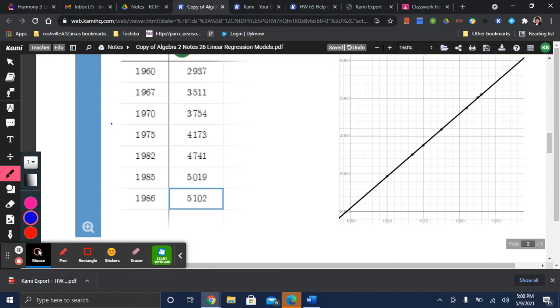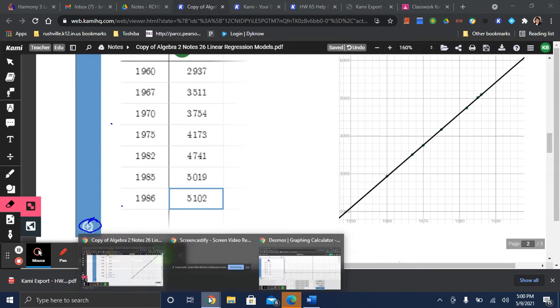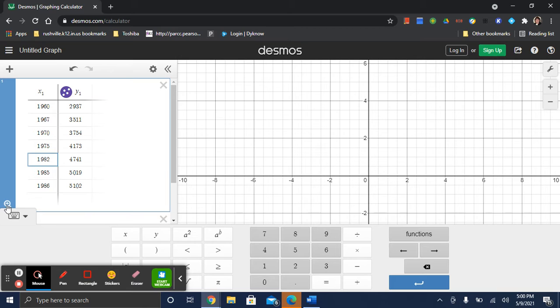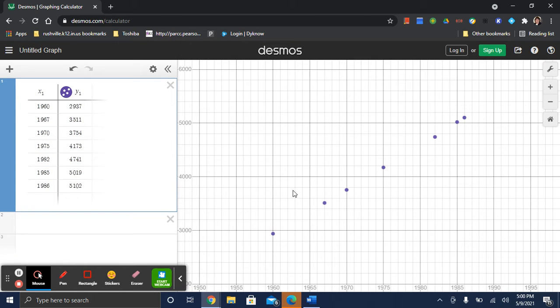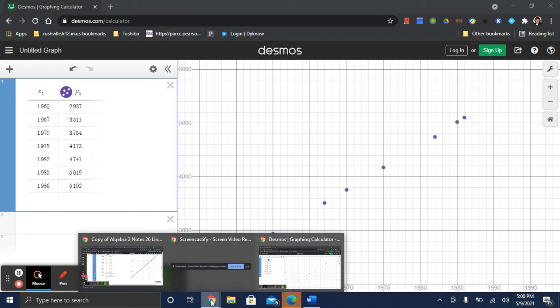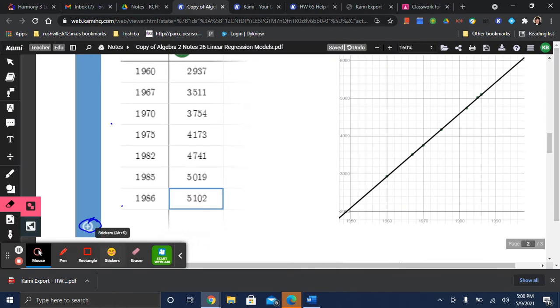Sometimes my pen doesn't want to react. Right there. Okay. So this magnifying glass, get rid of those marks. And so if we go back to Desmos, I would hit this and it will do a fit of my data. So that would be your next step, is to get to where you could see your data.